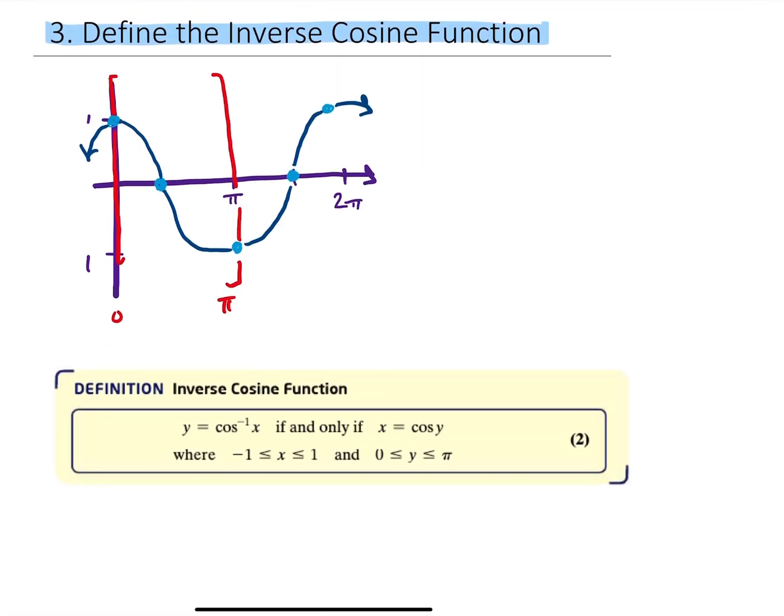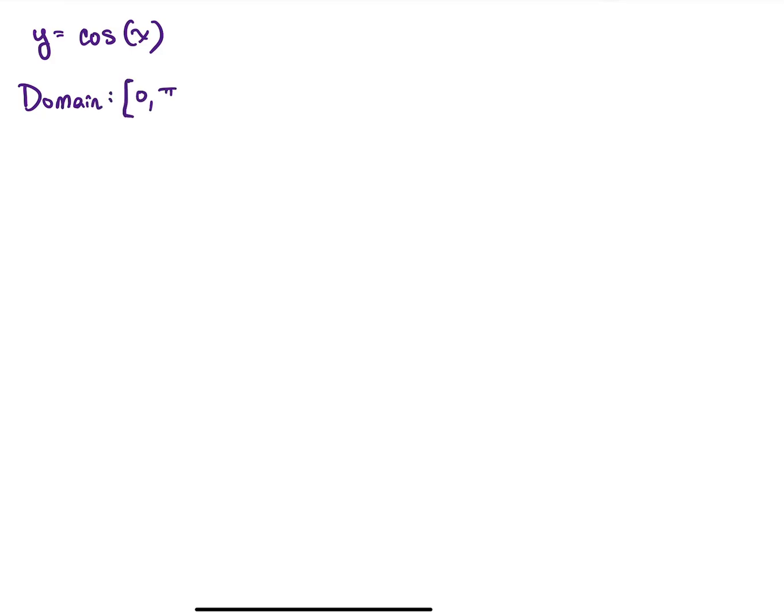Let's try to build the graph. So we have the cosine. We said we're restricting the domain to this interval between 0 and pi. And the range of the cosine is between -1 and +1.